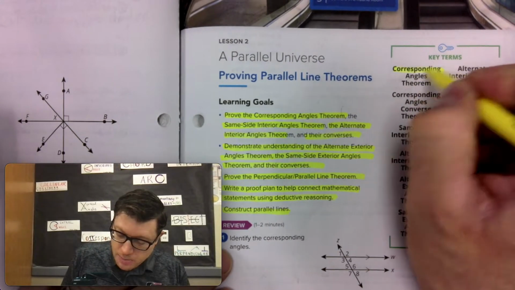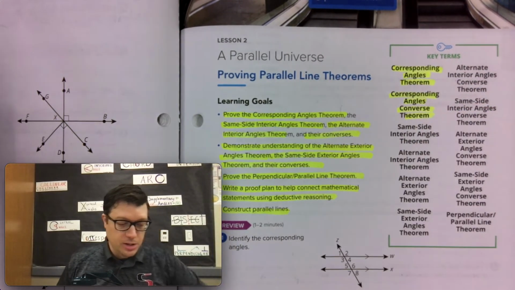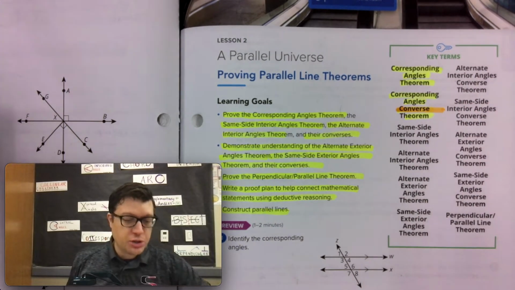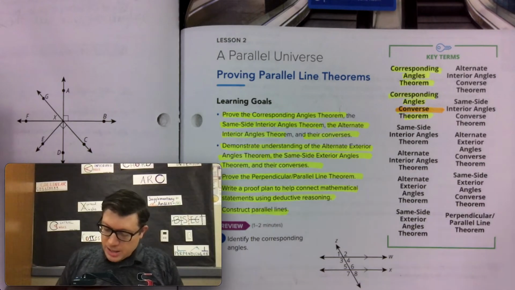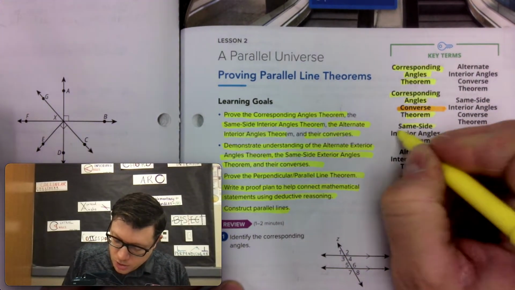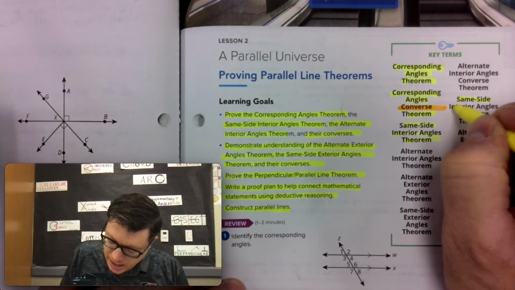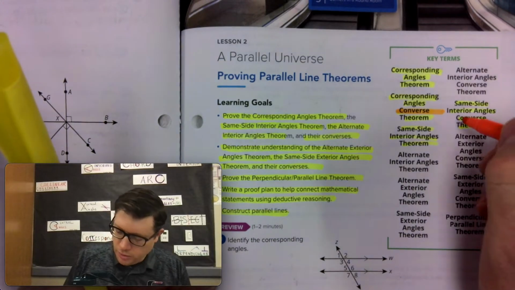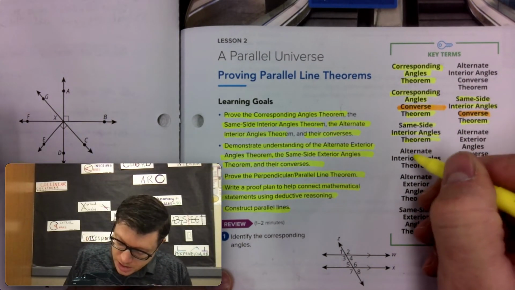The vocabulary list for this lesson is immense. We have corresponding angles theorem, corresponding angles converse theorem, which as I'm thinking about it now, probably deserves a little bit extra color just to catch your eye that it's the flip. Same side interior angles theorem, and somewhere else, the same side interior angles converse theorem. I'm trying to highlight them in groups that connect. Alternate interior angles theorem.